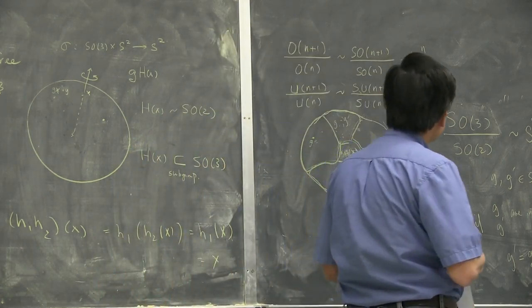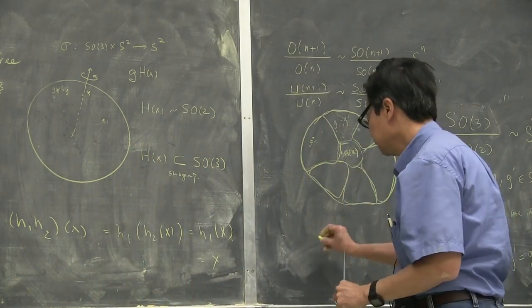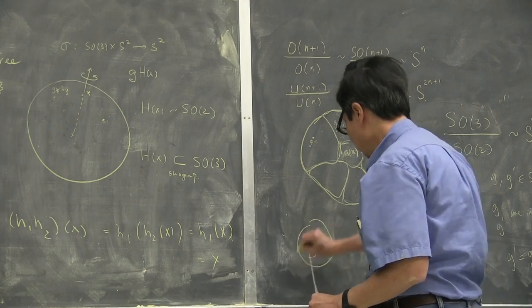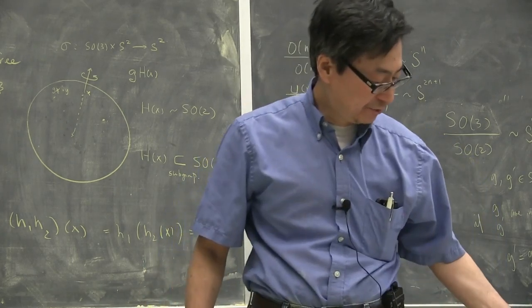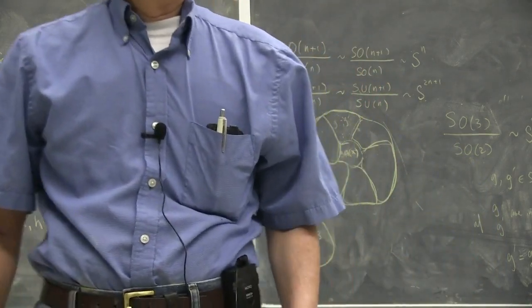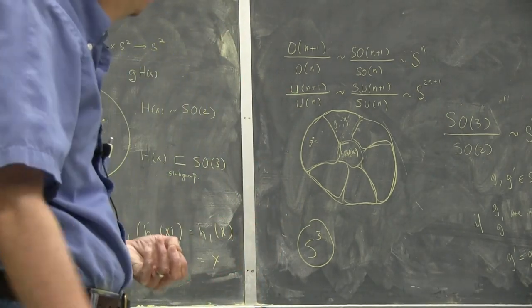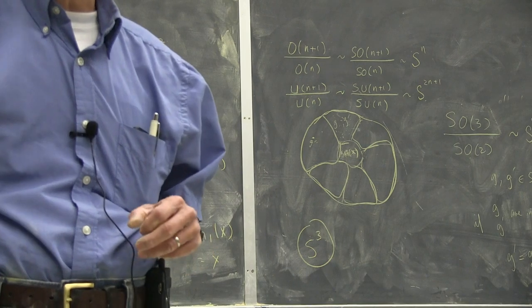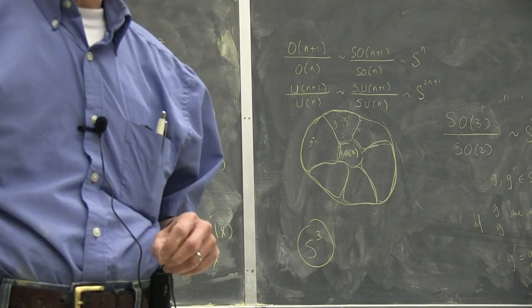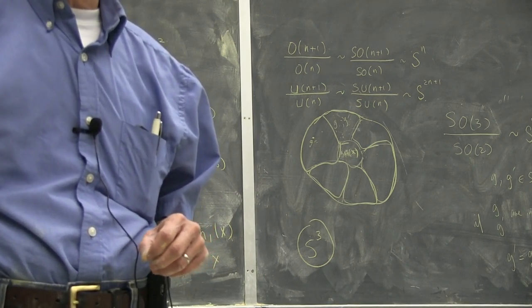For example, S3, what is S3? S3 is something that's quite common in physics also. It's the subset of points in four-dimensional Euclidean space such that, what?